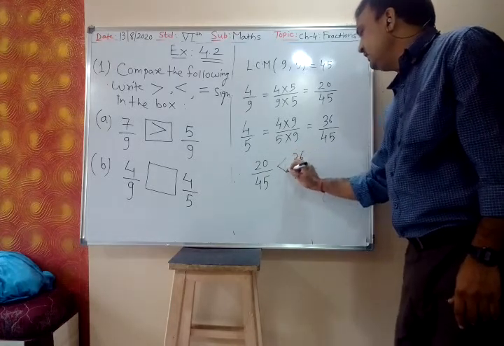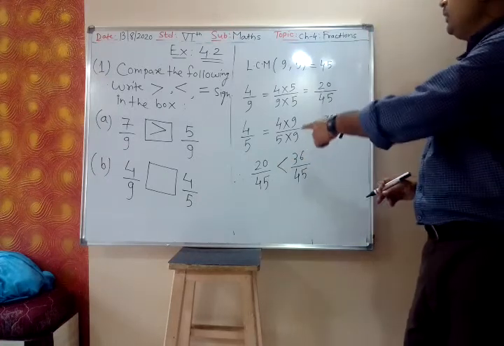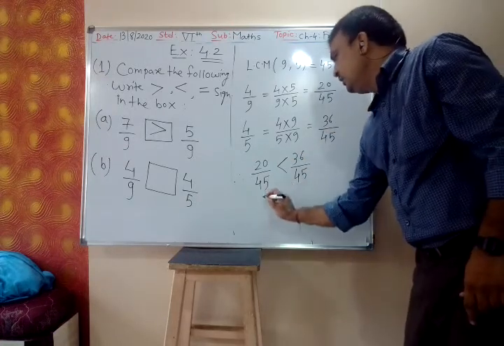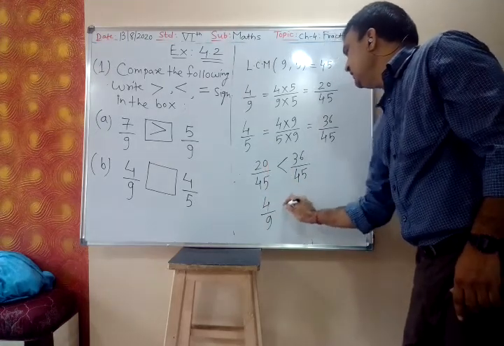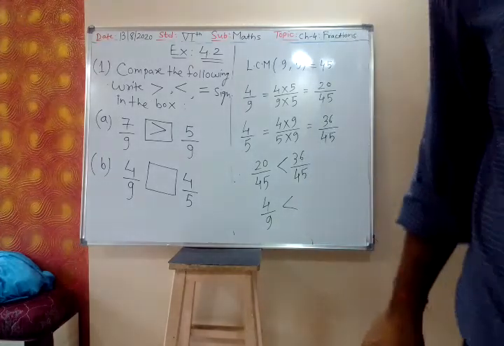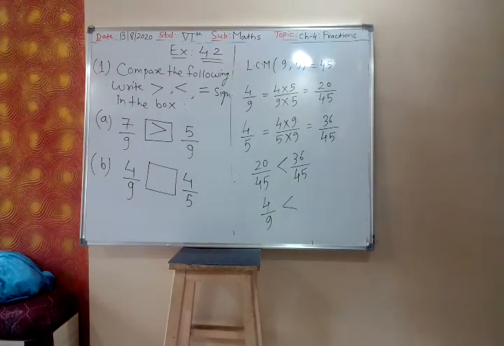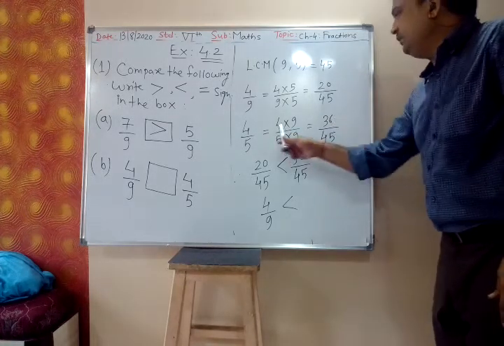So this will be less than this. 20 upon 45 is 4 by 9, which is less than 36 upon 45. 36 upon 45 is 4 upon 5. It is very clear here.